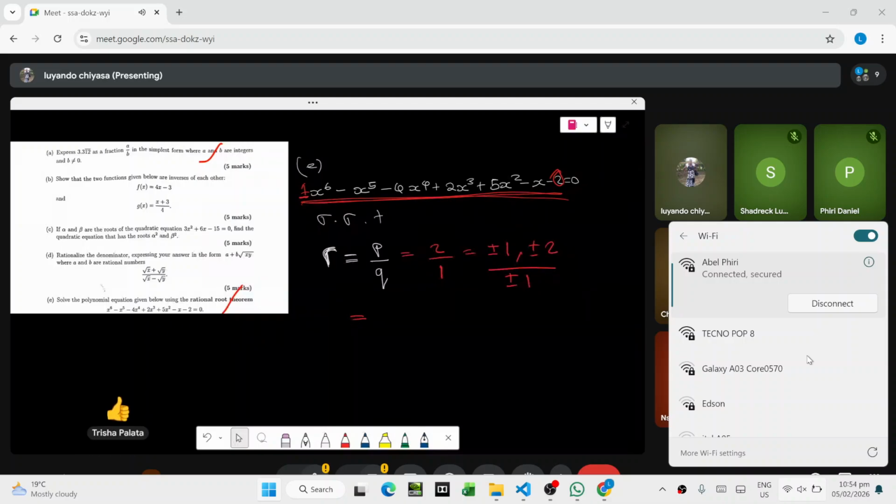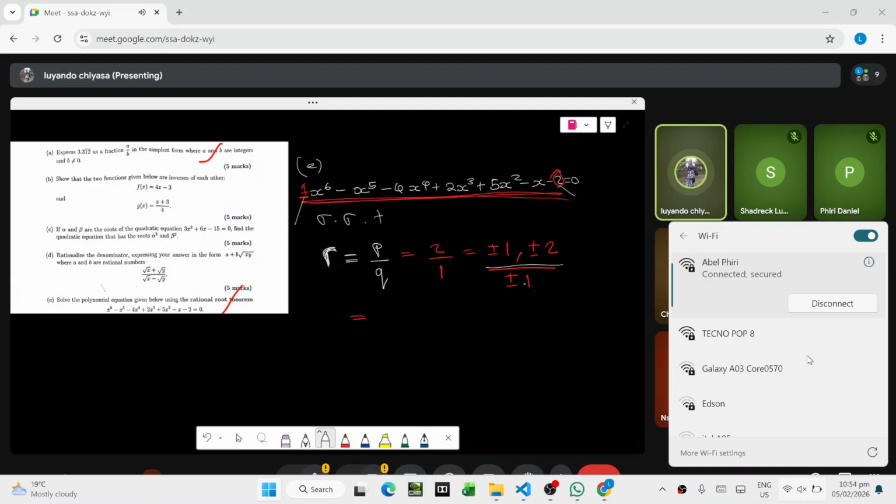Okay, so we're saying that you need to find the factors of P, where we said P is 2 here, and the factors of Q, which is 1. So all we need to do now is divide.